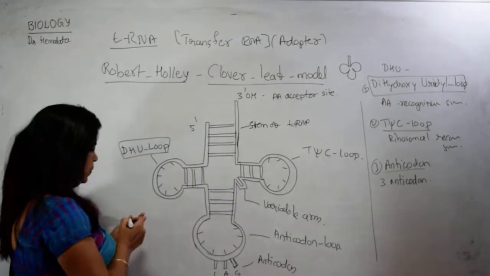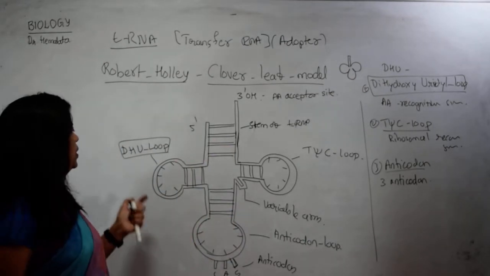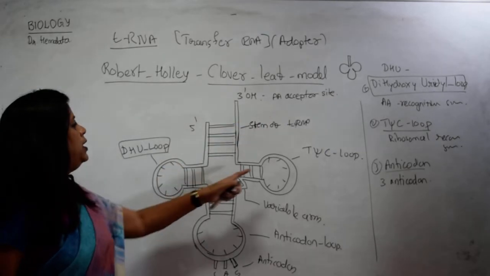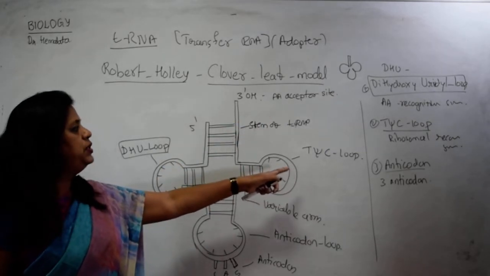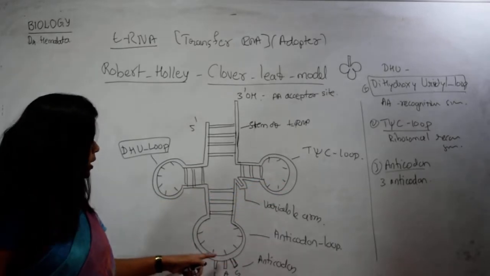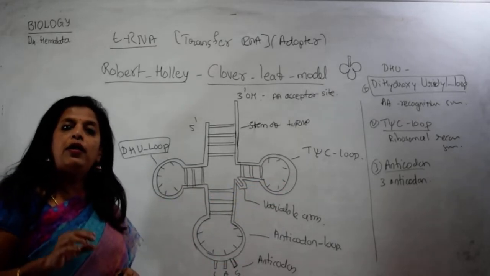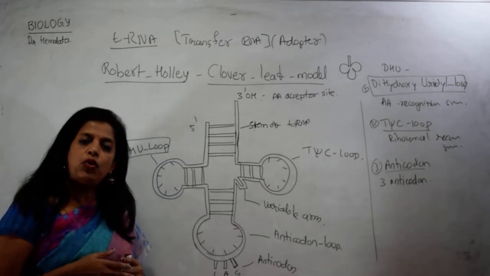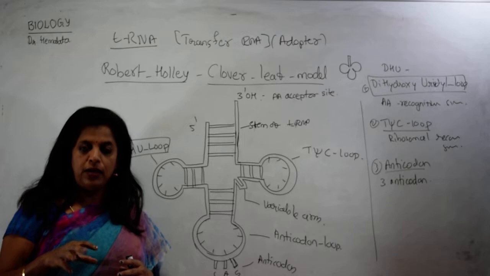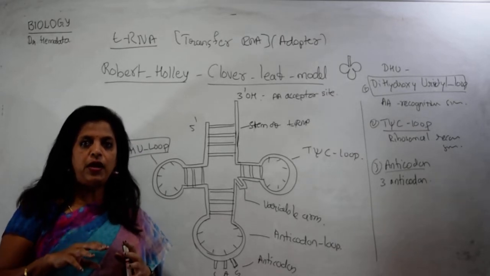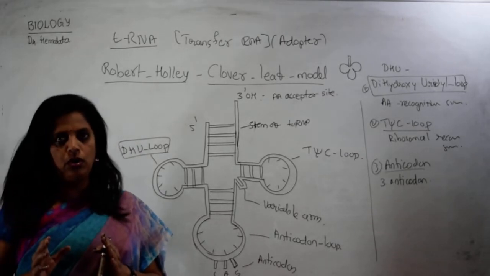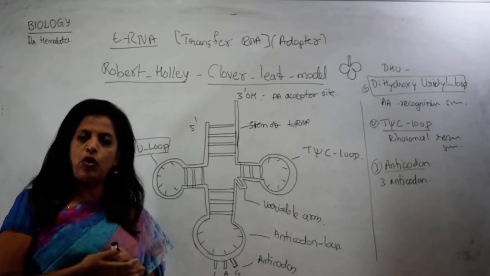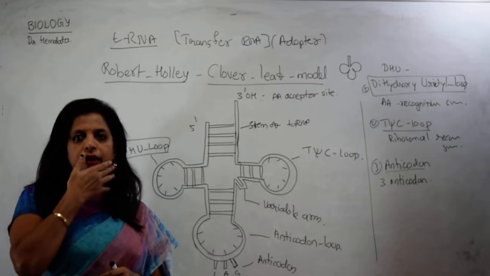Okay. Then the loops. The DHU loop is the one, the dihydroxyuridine loop I have written here. Then the T-C loop, the other one, which helps in identification of ribosomes. The anticodon loop has the 3 anticodons which are complementary to the codon messages of mRNA. 3 nitrogen bases of mRNA form one codon, and that codon is complementary to the anticodon.